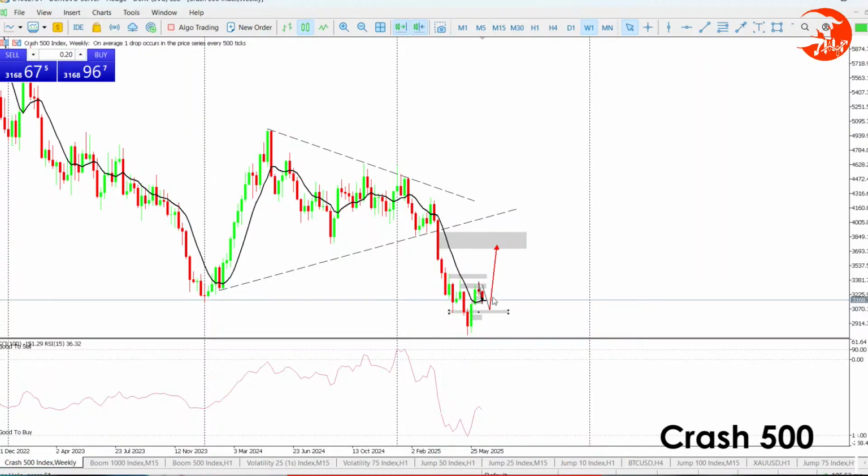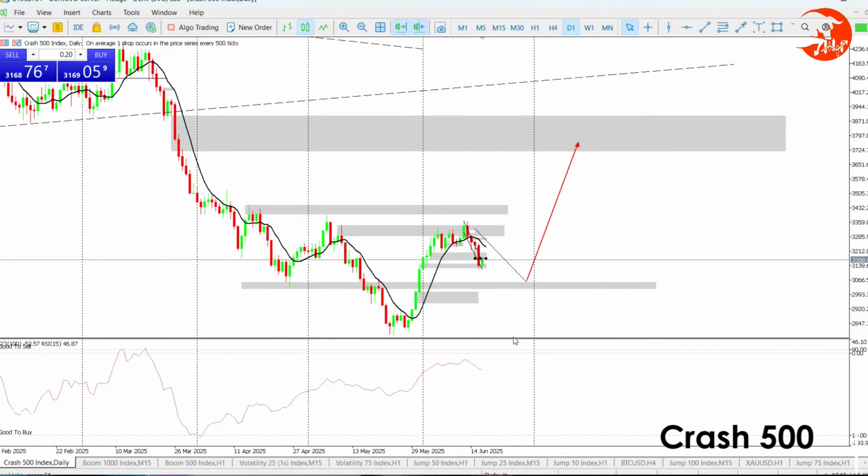According to the weekly, if price reacts back to this level, then this becomes an inverted heads and shoulder. That's why we have this move. If price reacts to this level, this becomes an inverted heads and shoulder. So already we had a change of character right here.